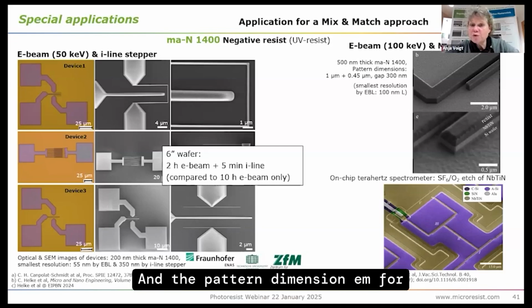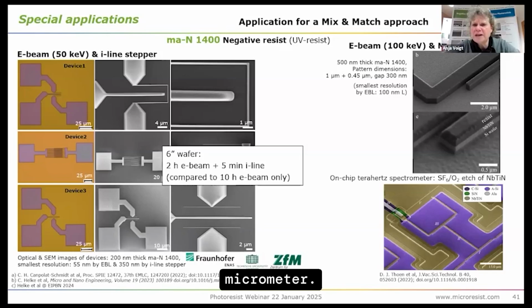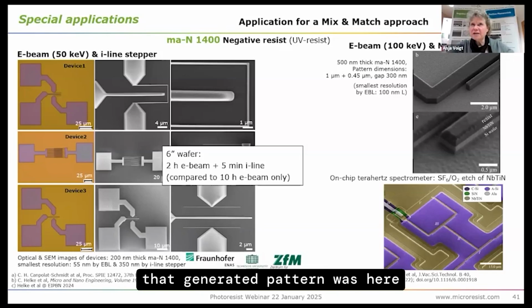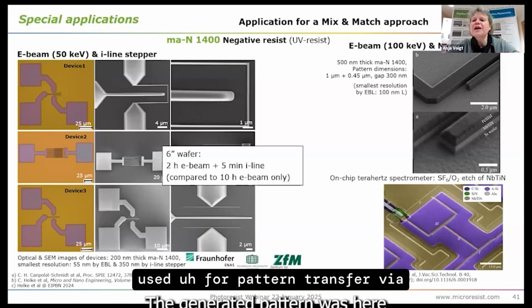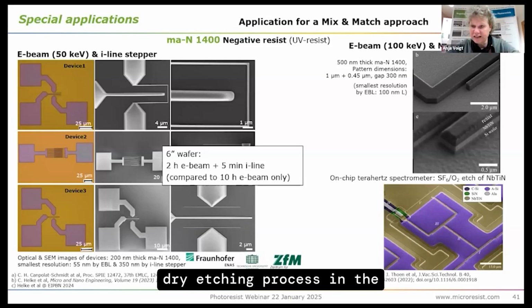The pattern dimension for the E-beam was 100 nanometer lines, and for the UV it was 1 micrometer. Yes, and that generated pattern was here used for pattern transfer via a dry etching process into the substrate underneath.